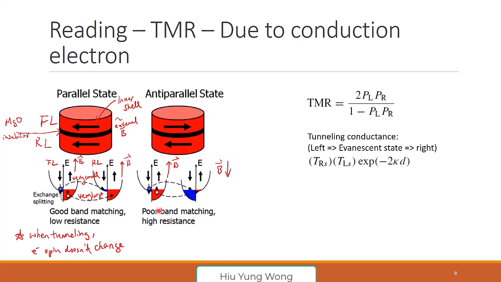Because of this, I have more electrons pointing up in the free layer, but I have more electrons pointing down in the reference layer. Is that okay? And again, only blue can go to blue, red go to red.